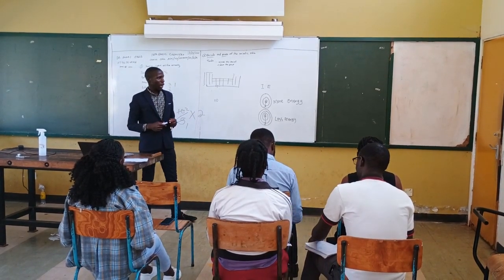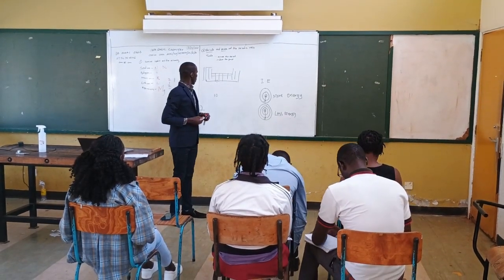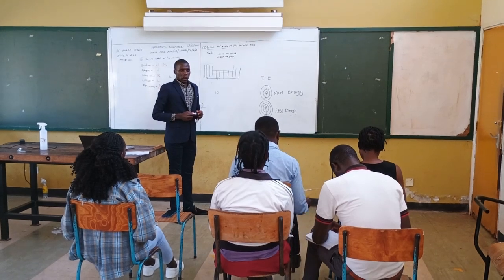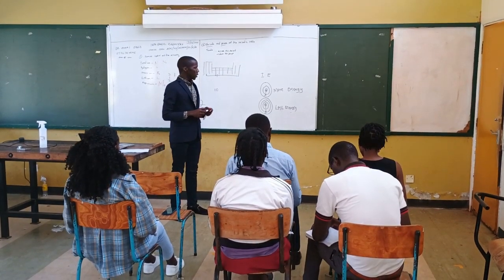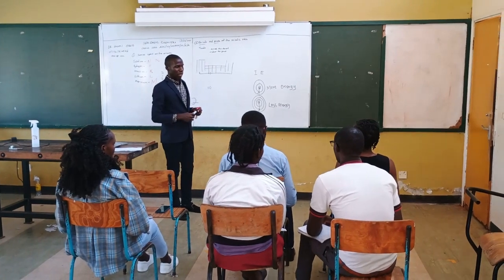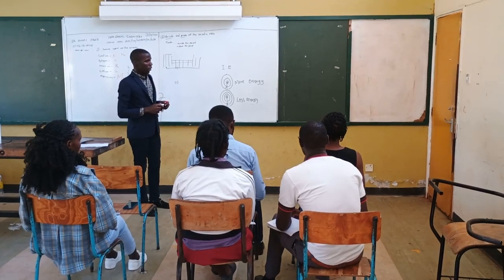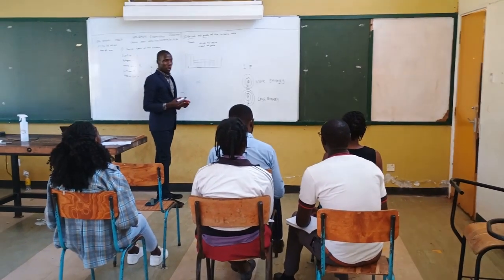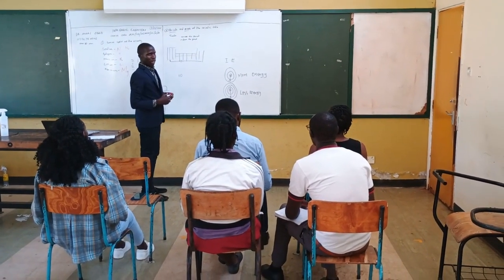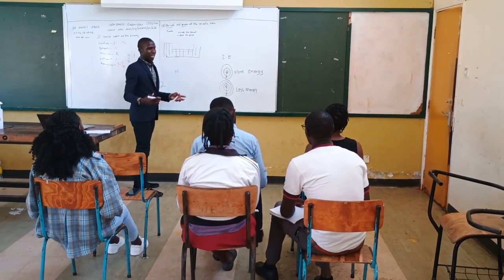So I want to ask if there's any question, any clarification, anywhere you have not understood. Yes? You have said we go and read on metallic character. Are we going to present in class or we just read? We are going to present because it is easier to remember when you do presentations than reading.